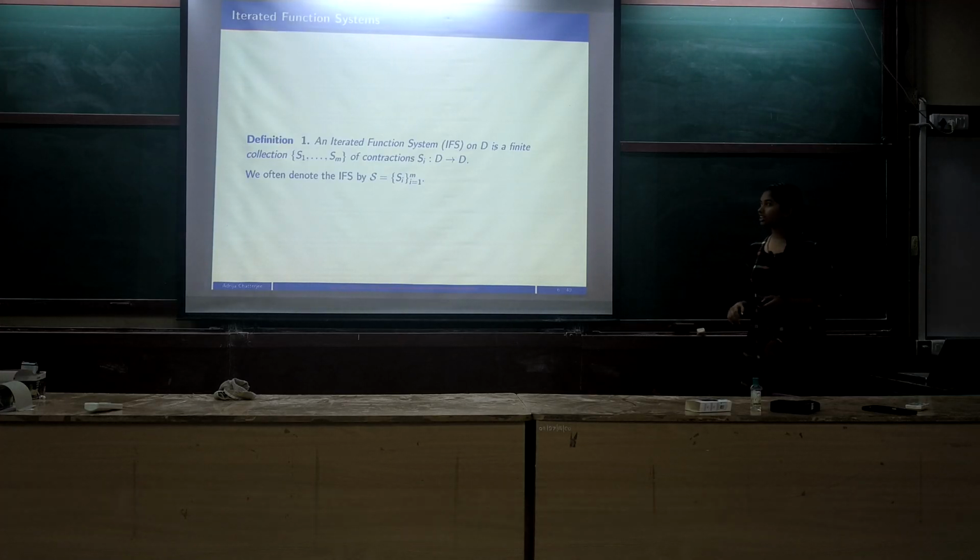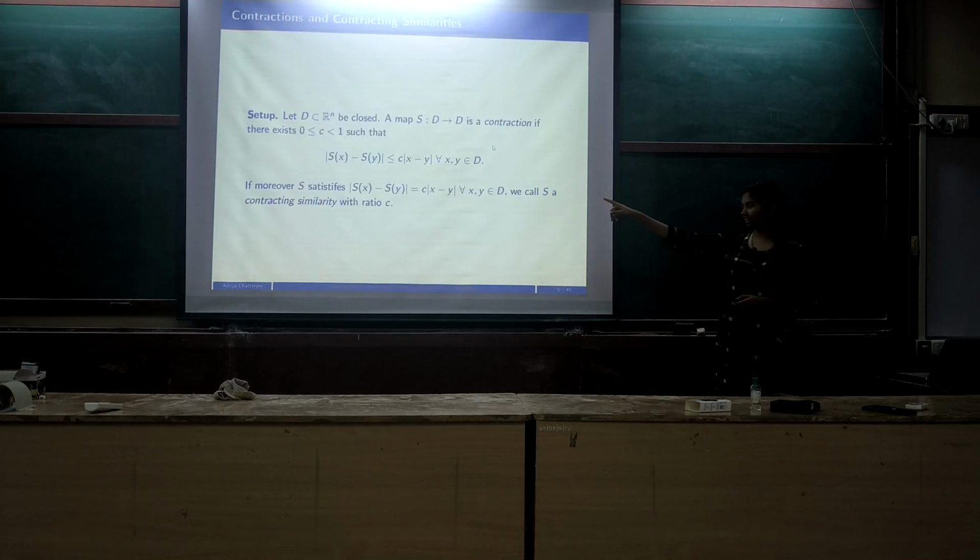It is a finite collection of contractions. But firstly, we will be starting with contracting similarities, where |Sx - Sy| is exactly equal to C times |x - y|. So it's just a scaling of the original image, and then we will move on to the general contraction.